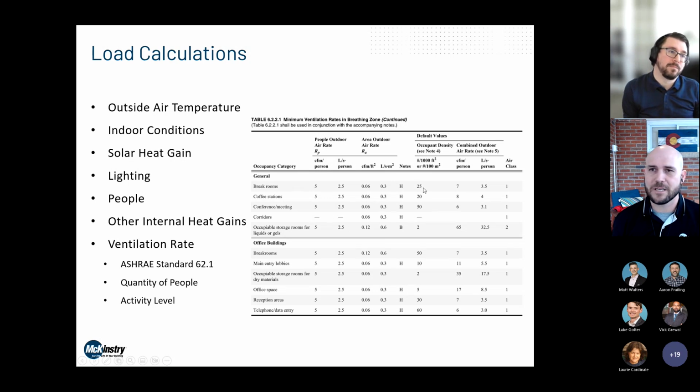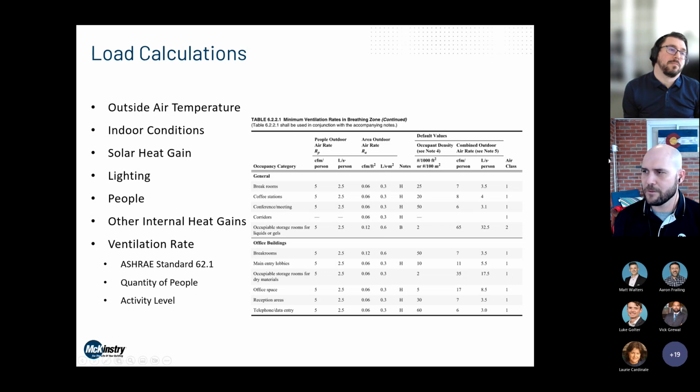These are defaults if it's not defined by the architect or the fire marshal, as to how many people per 1,000 square feet. And then, based on the different kind of space, there's just how many CFM of outside air do you need for the space? Because carpets off-gas and other materials and things, you just need some ventilation, fresh air.